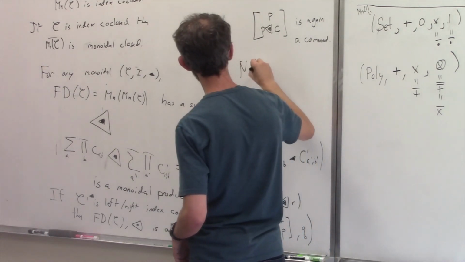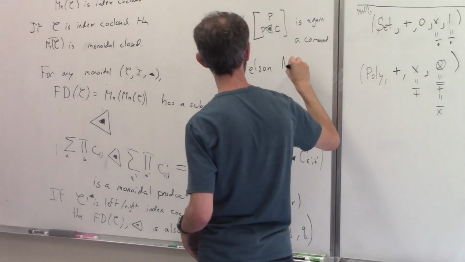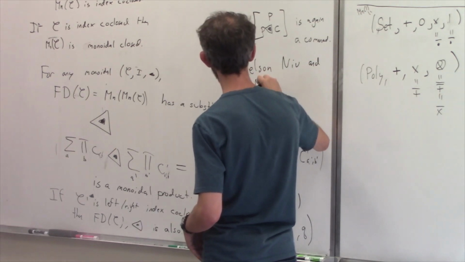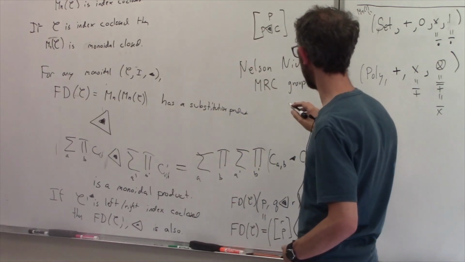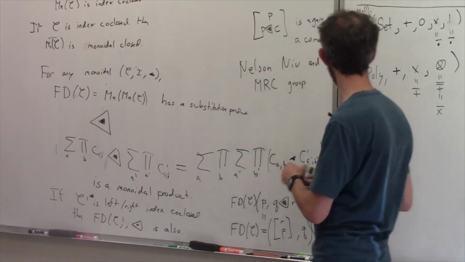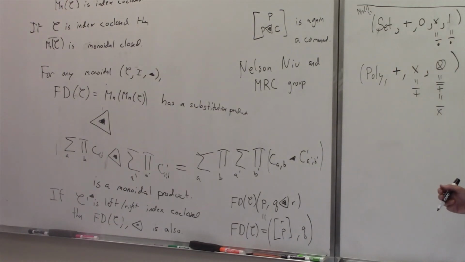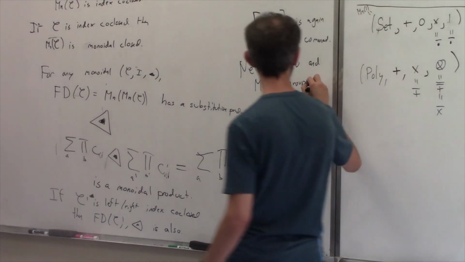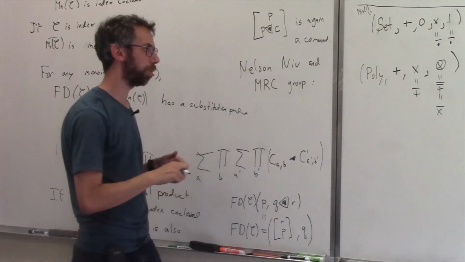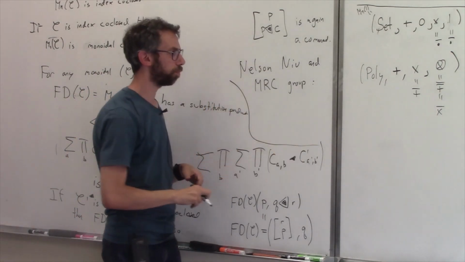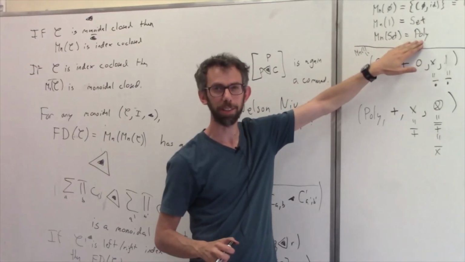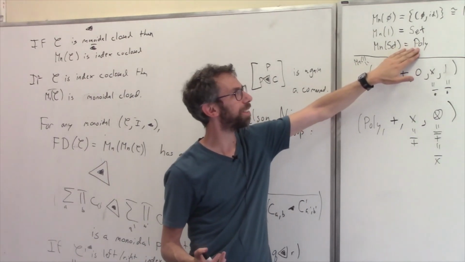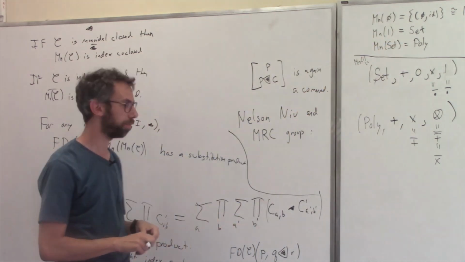Nelson and his group in the MRC, Nelson New and the MRC group that I don't know all the names of, showed, or haven't written up yet, but they showed that comonads in the free distributive category on C are categories enriched in menu C. So I knew that, and Amanouslou showed that comonads in poly are categories. They should have said categories enriched in set, because it's always categories enriched in the previous one.